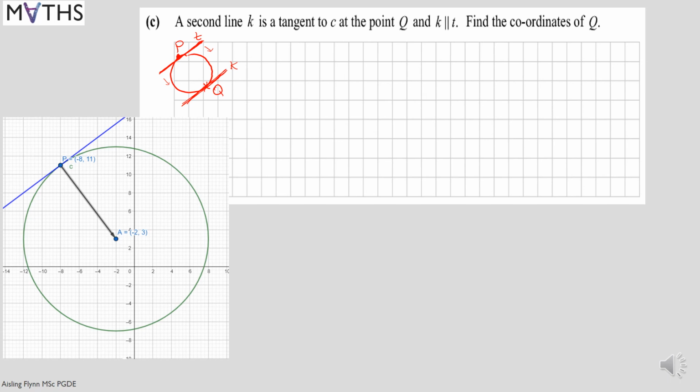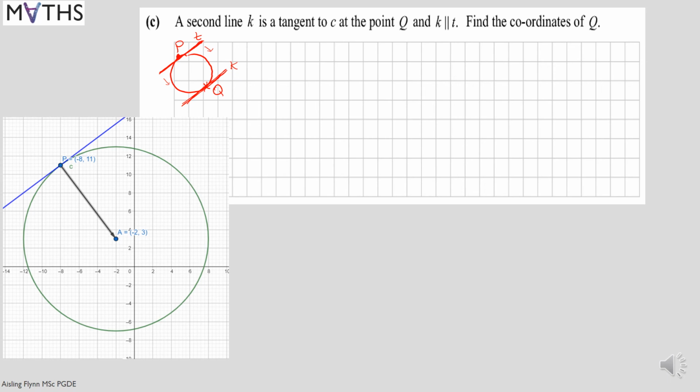Alright, let's look at our graph from the previous slide. Okay, we had the tangent T, we have the point P, we have the center of the circle. Now how are we going to find point Q? Alright, so the blue tangent we learned is perpendicular to that grey radius. Okay, so the red tangent should also be perpendicular to it.